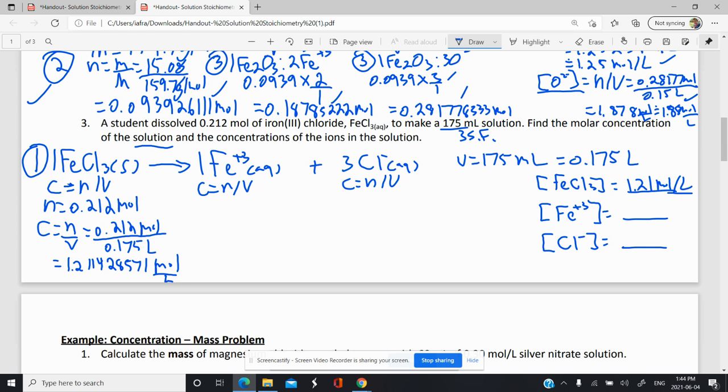So for example, here, my mole ratio between the FeCl3 and the Fe3+, what is it? Yeah, it's 1 to 1. So 1 FeCl3 for every 1 Fe3+.